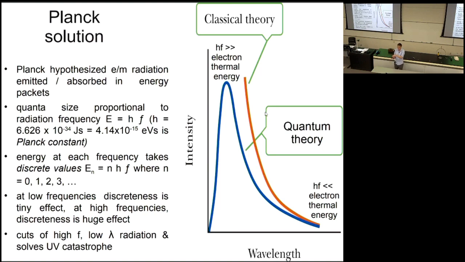That energy has to come in packets, in quanta. So at a given frequency, you could have black body radiation of Planck's constant times the frequency. That would be n equals 1. Or you could have n equals 2, two units of h times f, or you could have three units of h times f. But it's got to come in these packets.